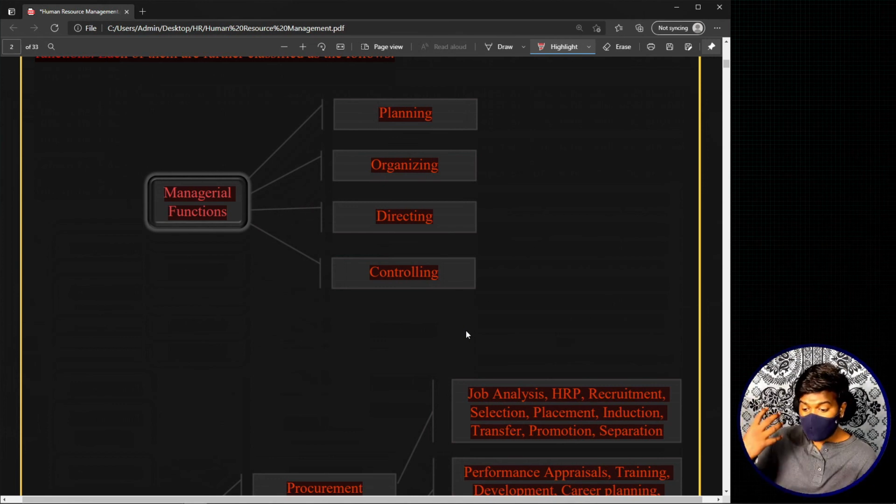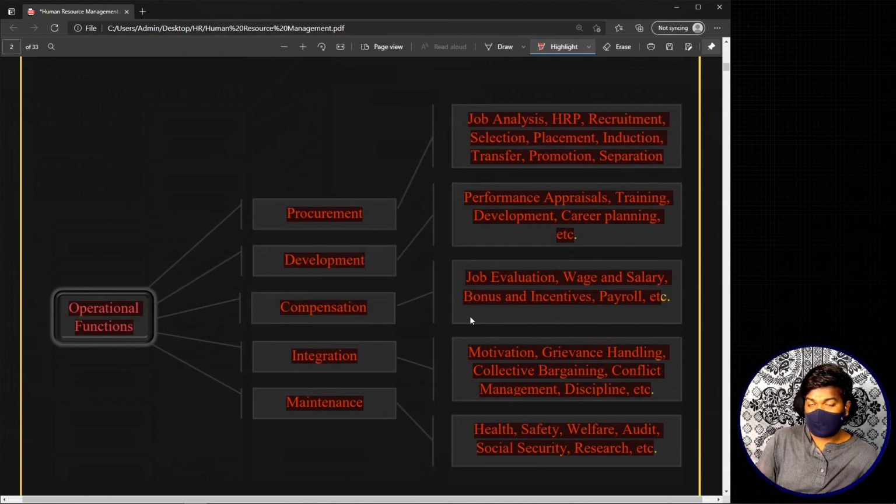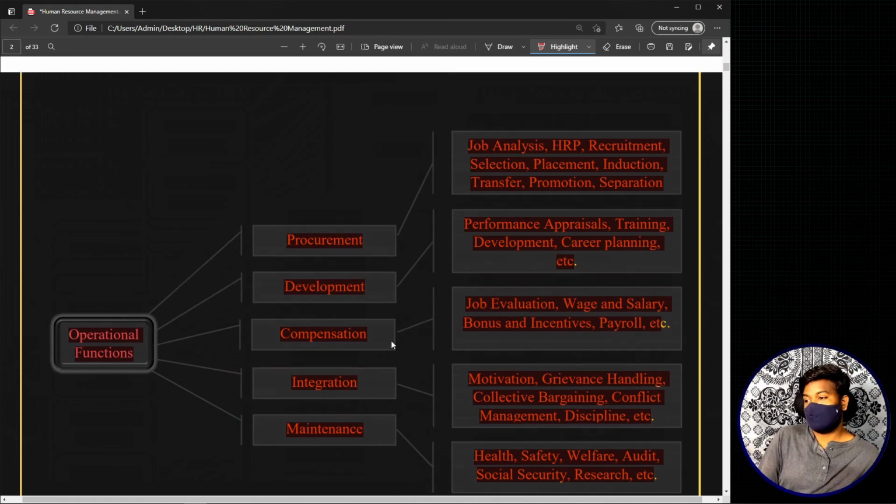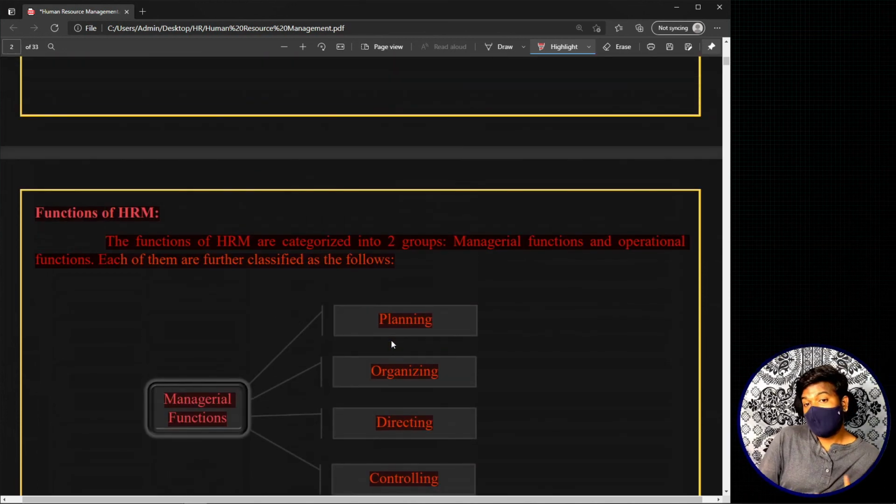And when we move on to operational functions or non-managerial functions, here we talk about many different functions which are basically non-managerial in nature. That means we also do procurement, we also do development, we also look after the compensation, the integration, and the maintenance part. So these are basically the functions of human resource management.